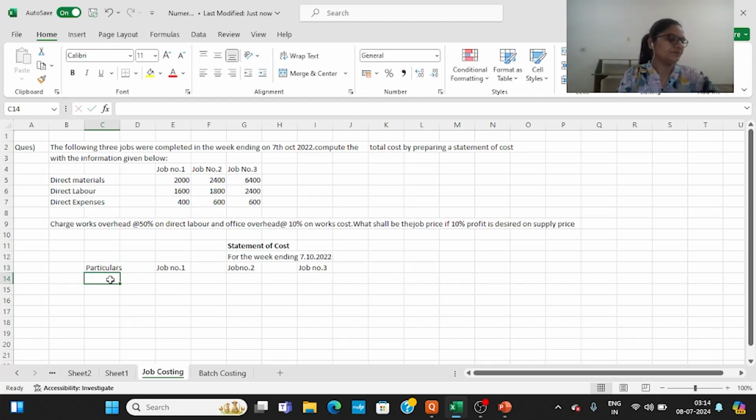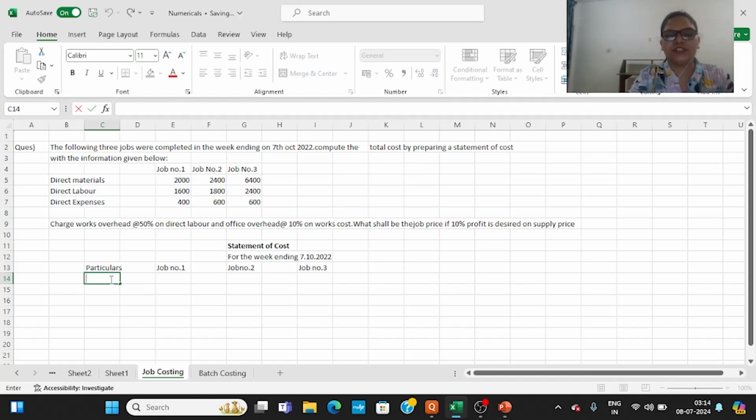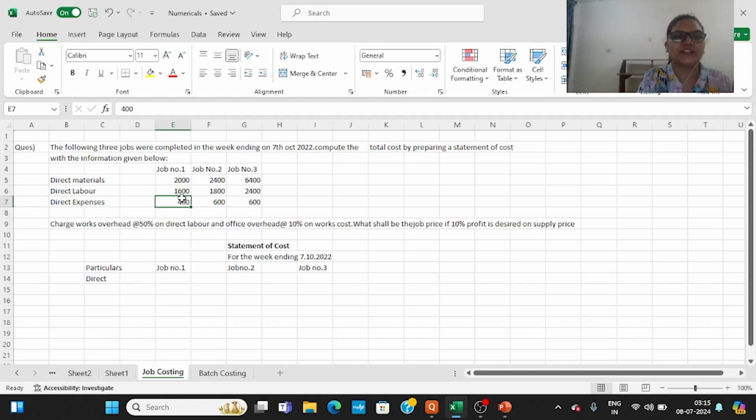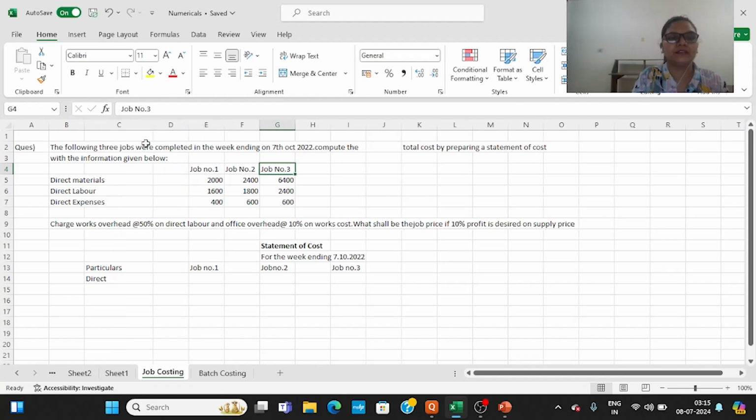Now we will write direct materials. The question is very simple. Everything is given. The only thing we have to change is the format in which each expense is shown under each specified job, job number 1, job number 2 and job number 3.